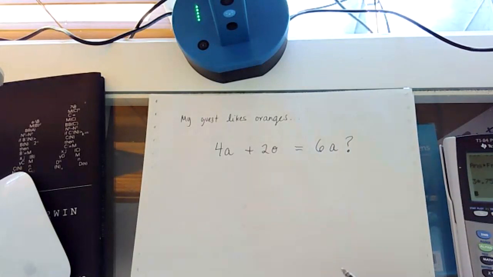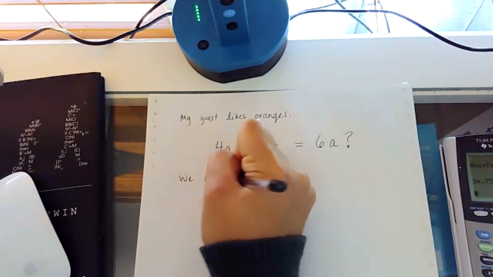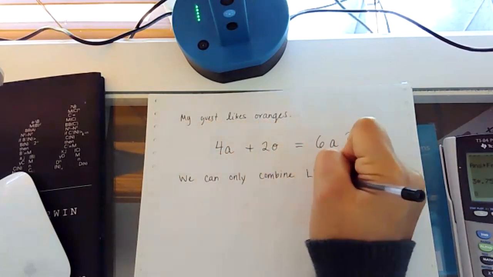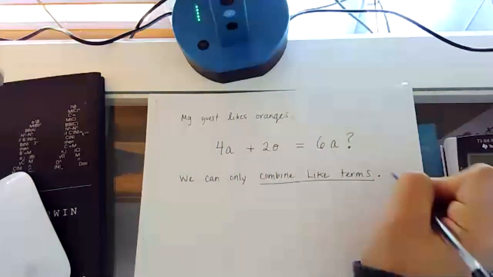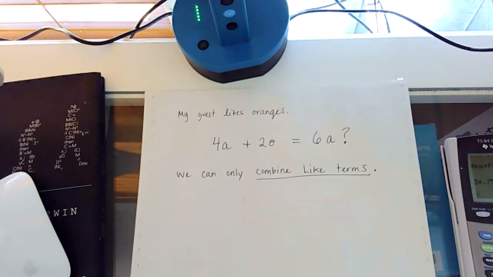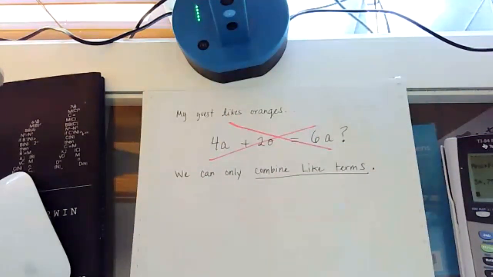No. No. So what we say then is that we can only combine like terms. In life, you might say we can only compare apples to apples. We can't compare apples to oranges. So we wouldn't be able to do this.